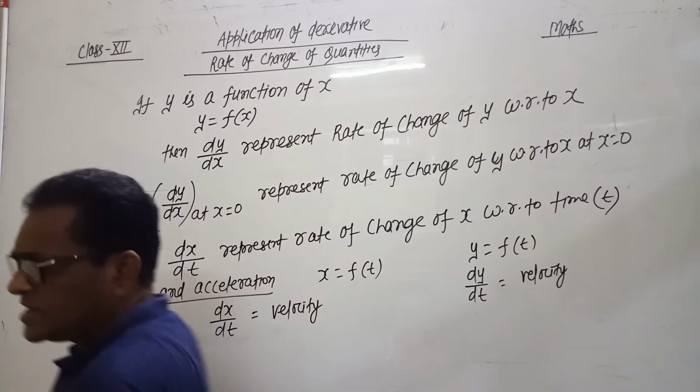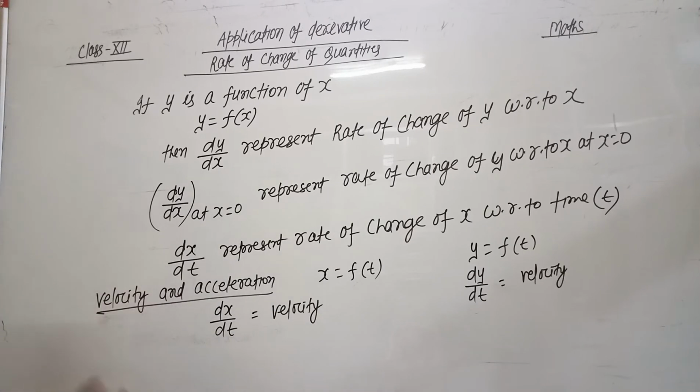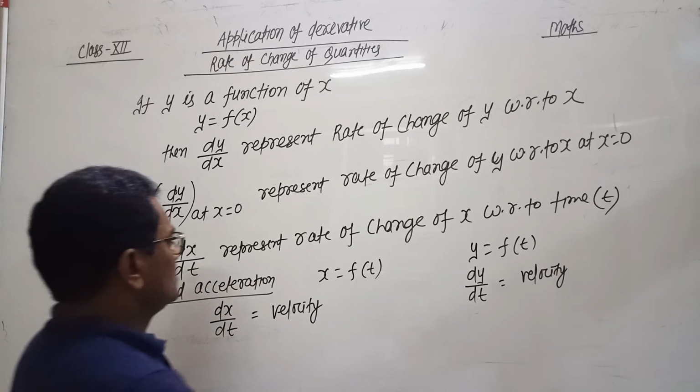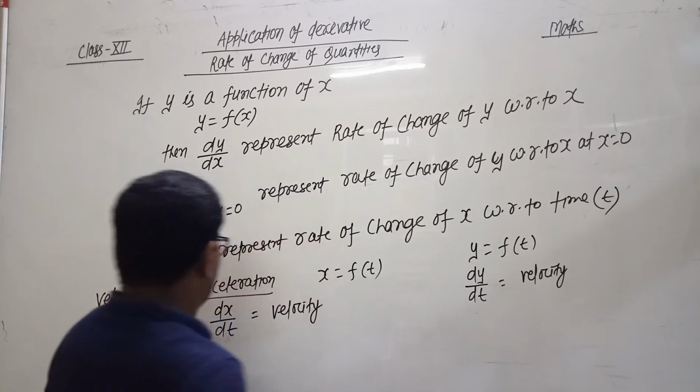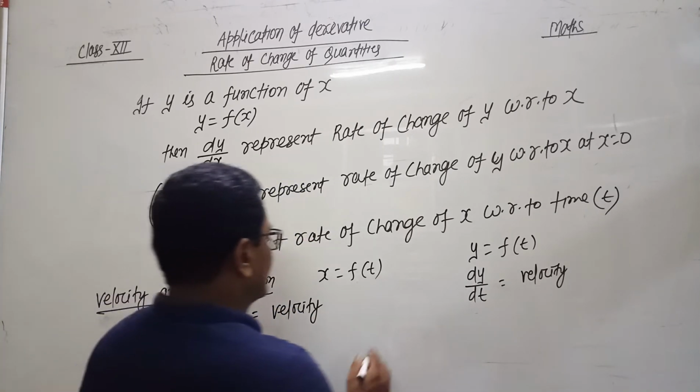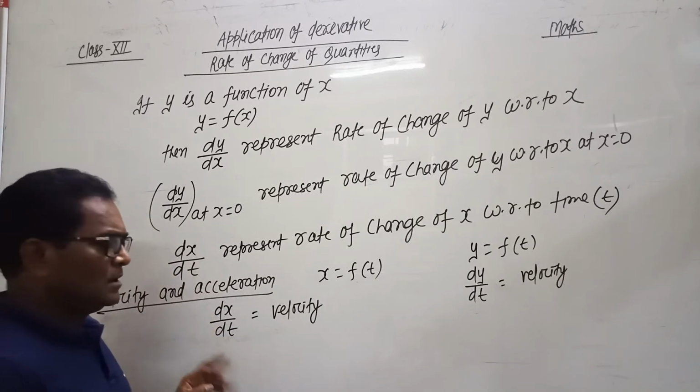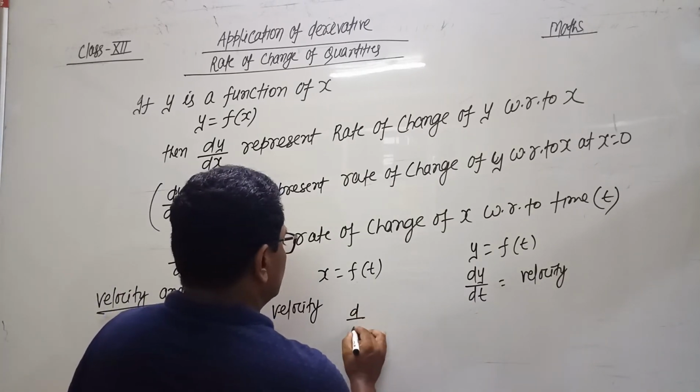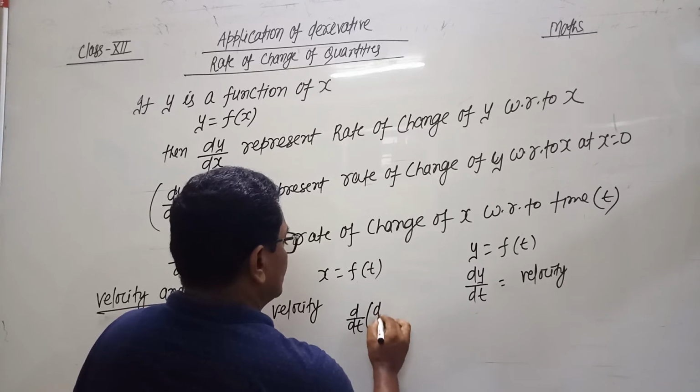And when velocity is differentiated with respect to time, we get acceleration. So velocity v and d2x by dt square, d by dt of dx by dt.